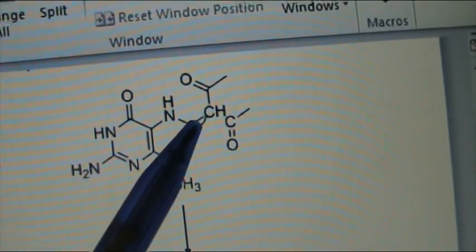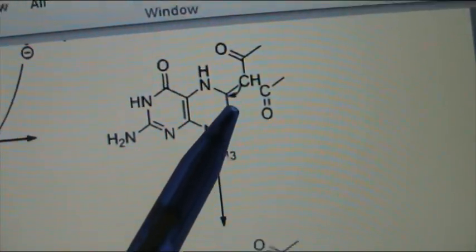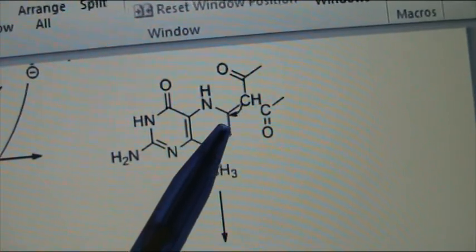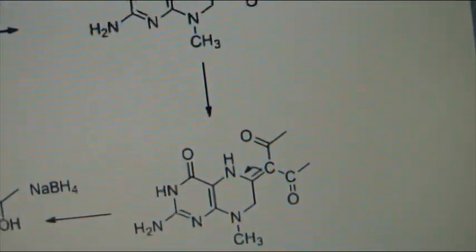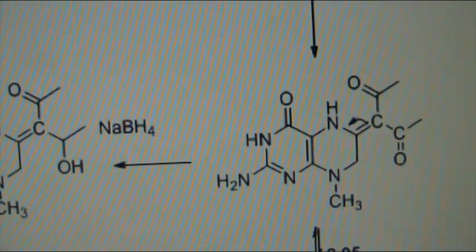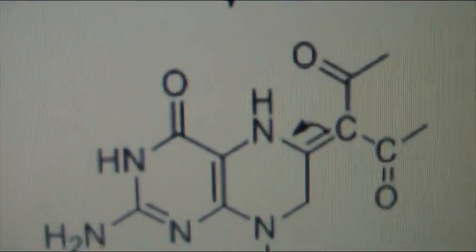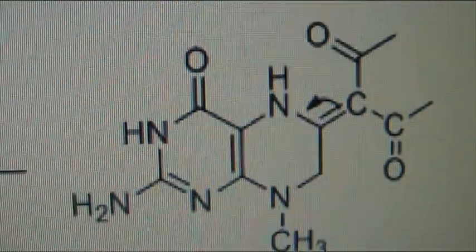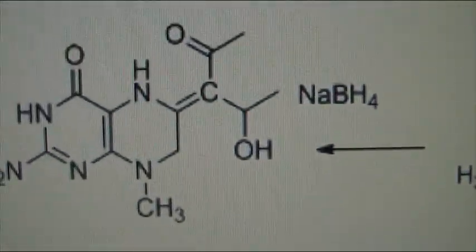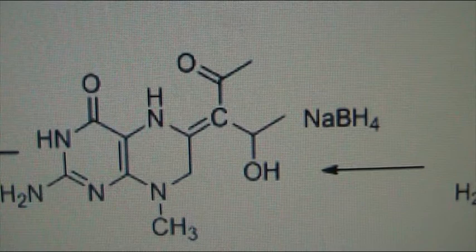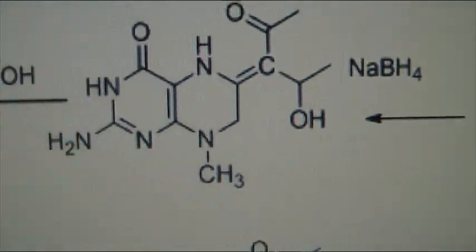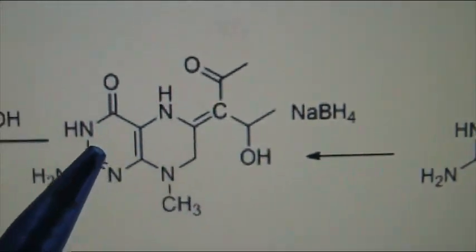This is CH, so some electrons coming from here form a double bond. Okay, you have formed a double bond, but how? The electron from the proton is removed by what? And those electrons left here, and you can see it's double bond formation. Now this double bond, you can reduce the bond with borohydride.